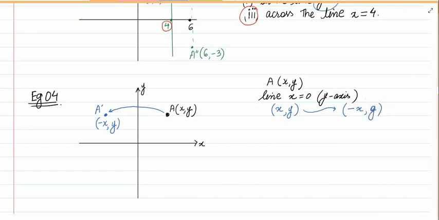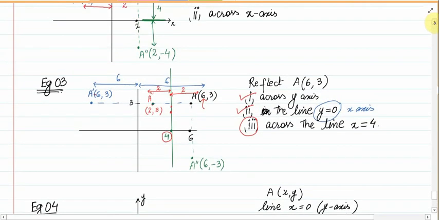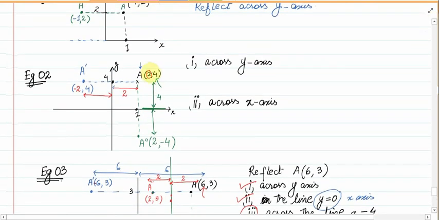So if you apply this technique in the above questions, starting with this one, there is a point 2 comma 4. If you reflect it across the y-axis, we know that the change is only in x.